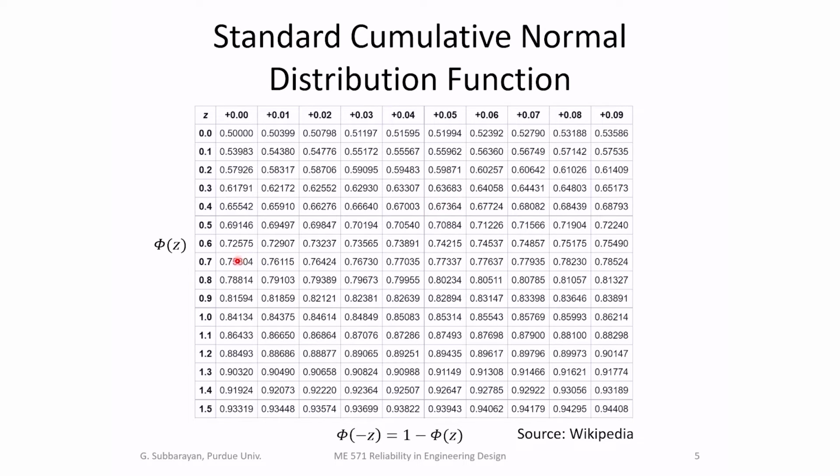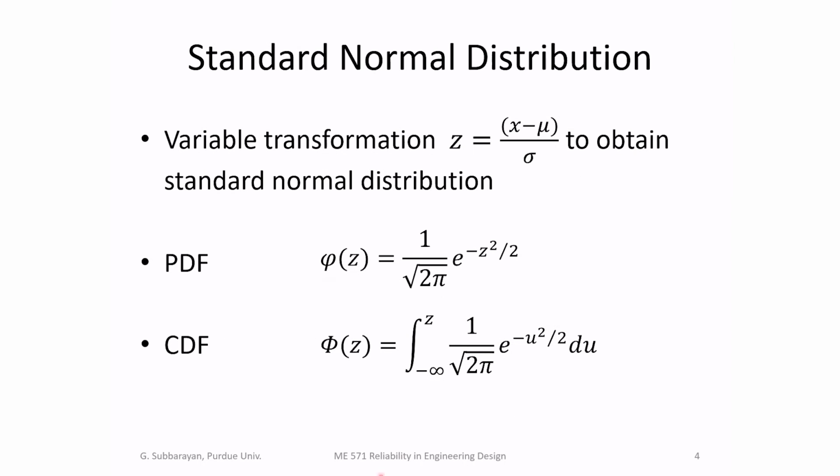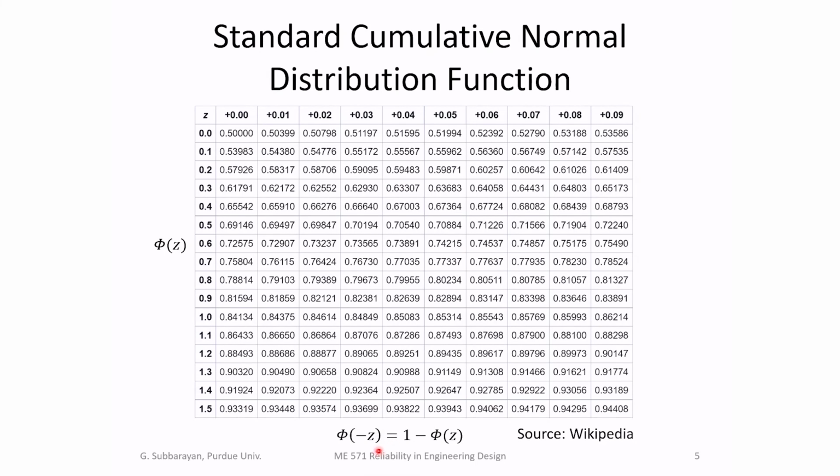What if I had negative values of z? It's possible to have negative values of z when you have an x value less than mu. Then you'll have a negative value of z. We know this property of the normal distribution, because the normal distribution is symmetric: phi of negative z is 1 minus phi of z.